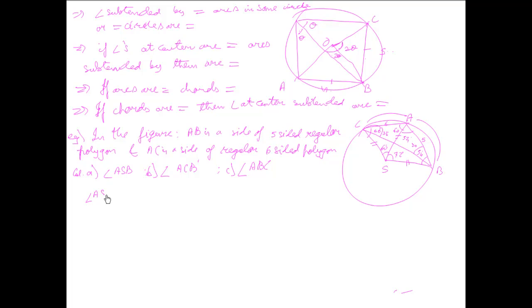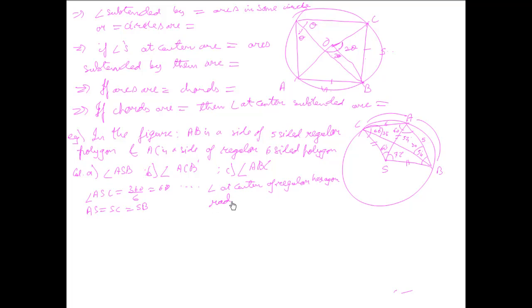Angle ASC is equal to 360 by 6 equal to 60 degrees. That's angle at center of regular hexagon. AS is equal to SC, radii, also equal to SB.